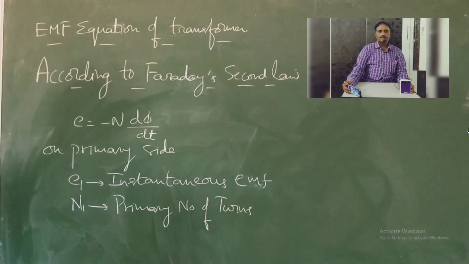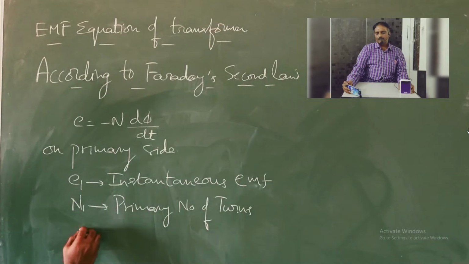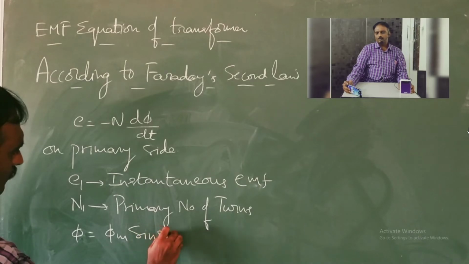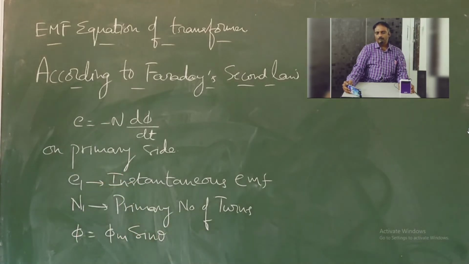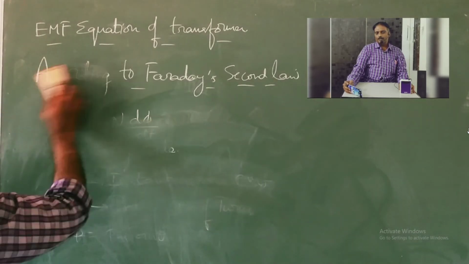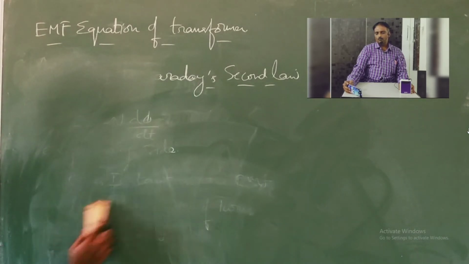And let us consider the flux as sinusoidal alternating in nature, and the equation is given as phi is equal to phi m sin theta. And substitute these things in the above equation, that is E is equal to minus N into d phi by dt, we get, let us write down the equation for the primary induced EMF, E1.